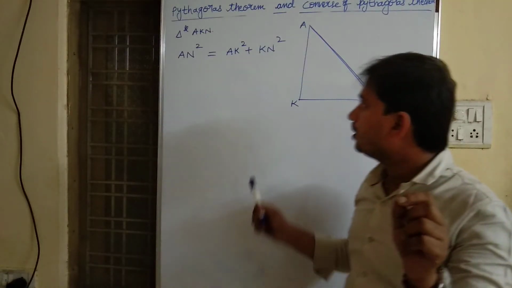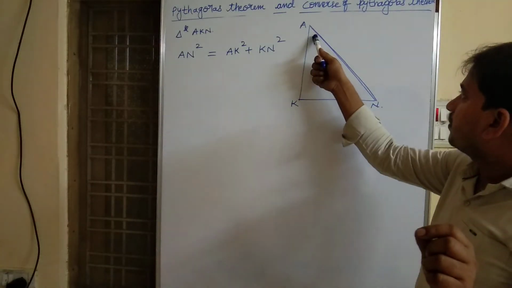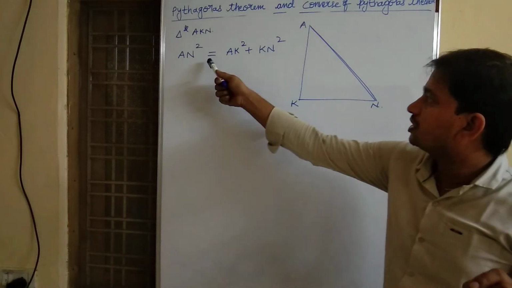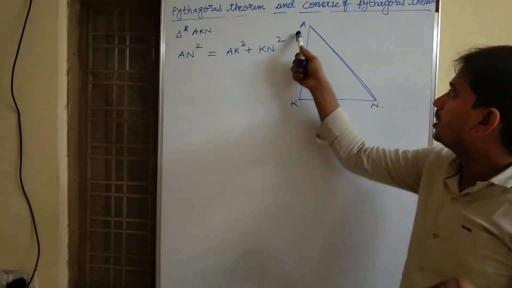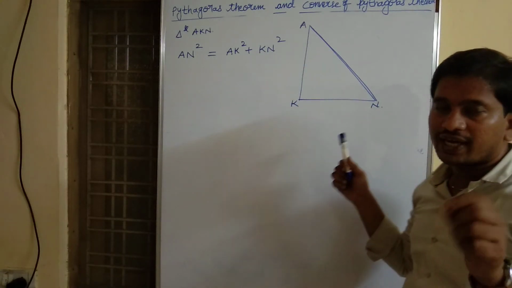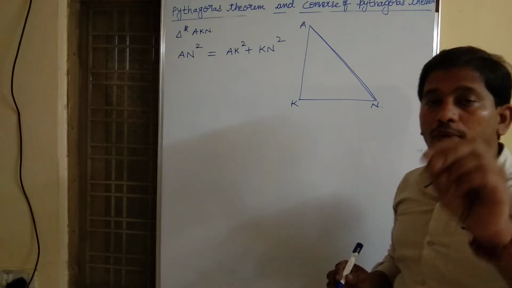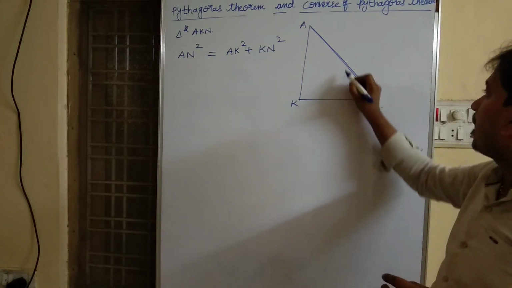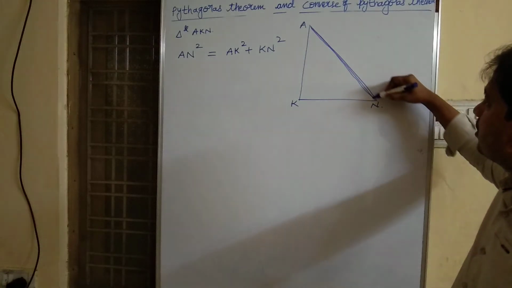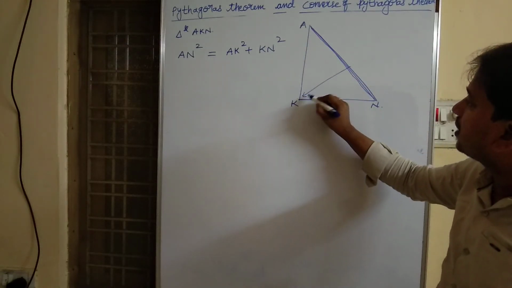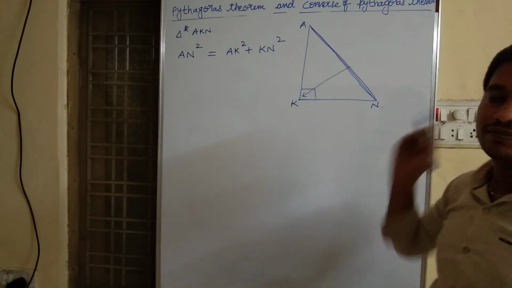Children, listen carefully. In a triangle, the square of one side is equal to the sum of the squares of the other two sides. Then the angle opposite to the first side, we consider AN as our first side, is a right angle.